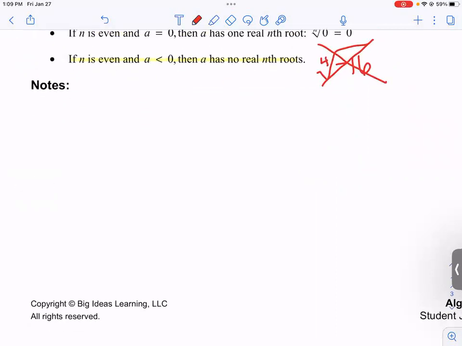Okay, so in that little note section, I want you to write this. We are going to find the third root of negative 27. What's the same thing as me saying the third root?